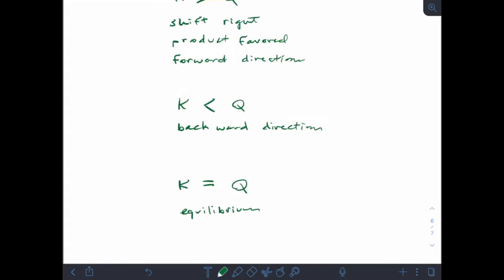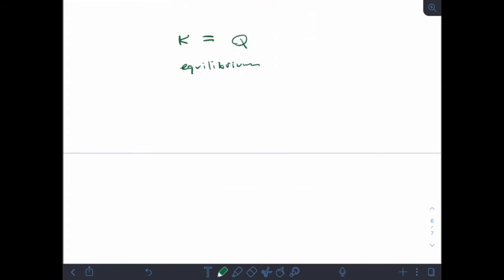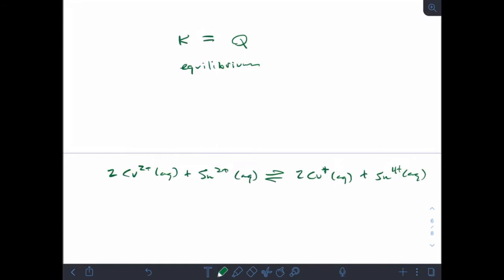All right, so let's look at a few different scenarios for an actual reaction. Okay, so let's come back and look at our redox reaction from a while ago. That's our tin. Okay, and we're told that the value of Kc is 1.48.